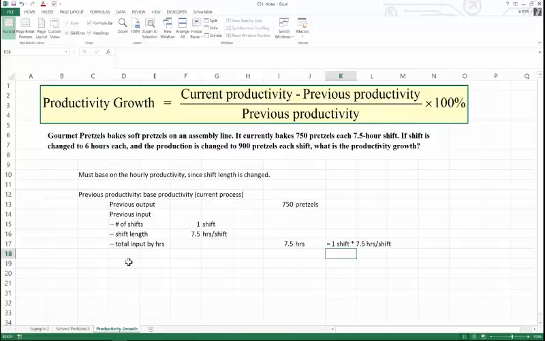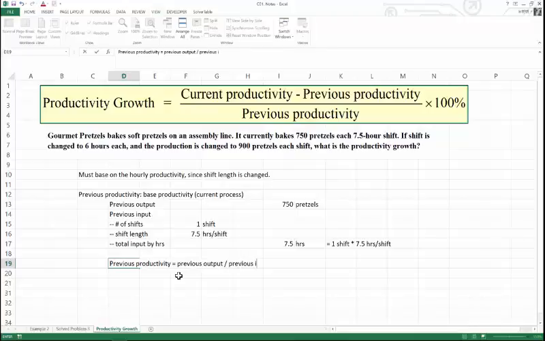Now we can calculate the previous productivity, which is equal to previous output divided by previous input.